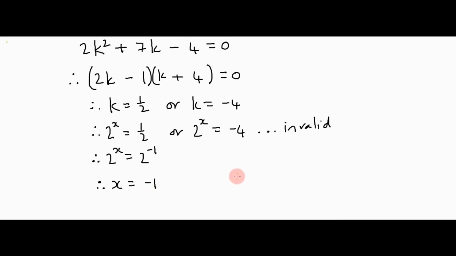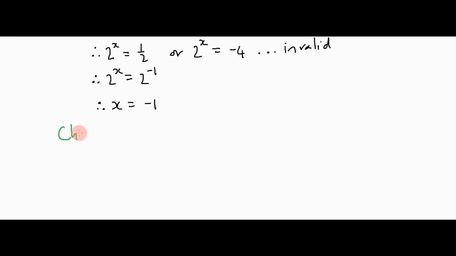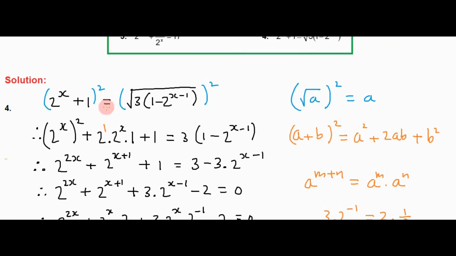Our final step will be to check the answer. So we're going to check x equals negative 1 by substituting it back into the original equation. Now, the reason for this is whenever we square both sides of an equation in order to solve it, we need to check the answer.